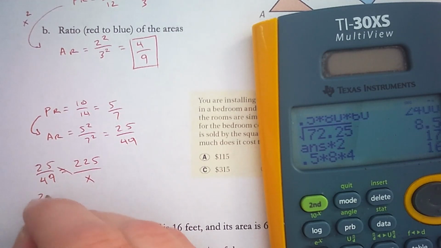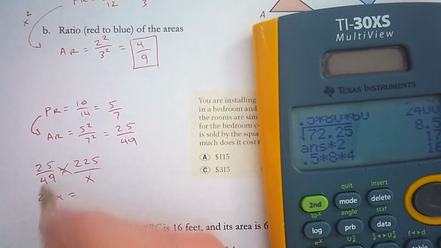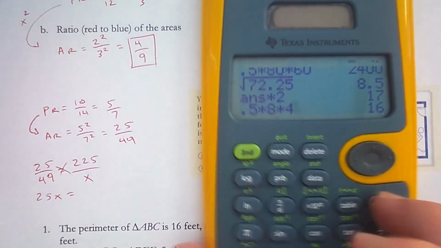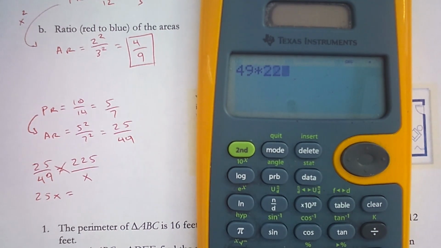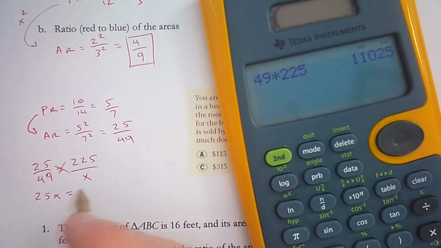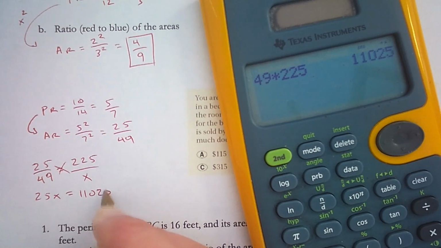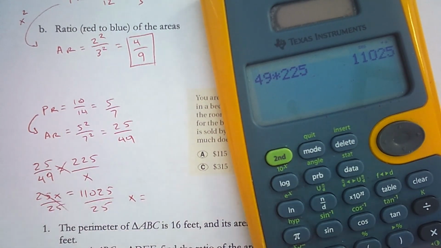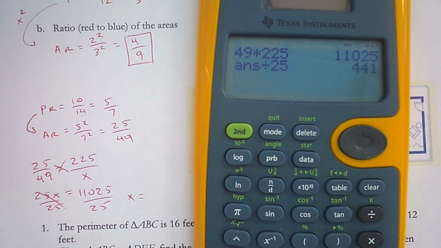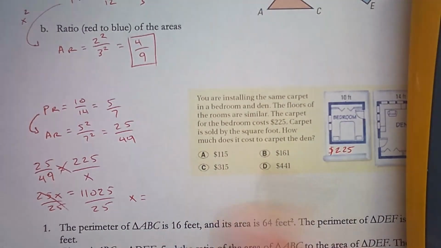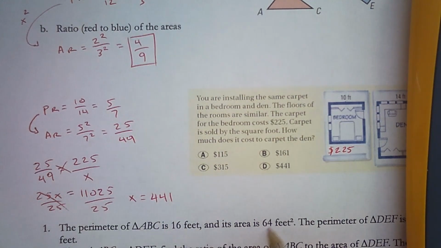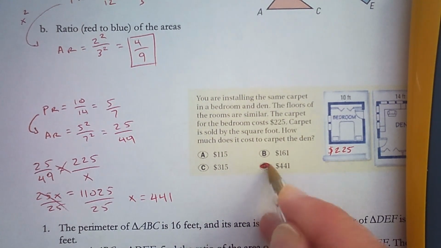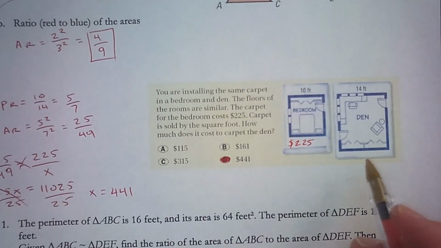We have 25x and 49 times 225, 11,025. And we can divide both sides by 25. And we get 441. So it should cost $441 to carpet the larger room, the den.